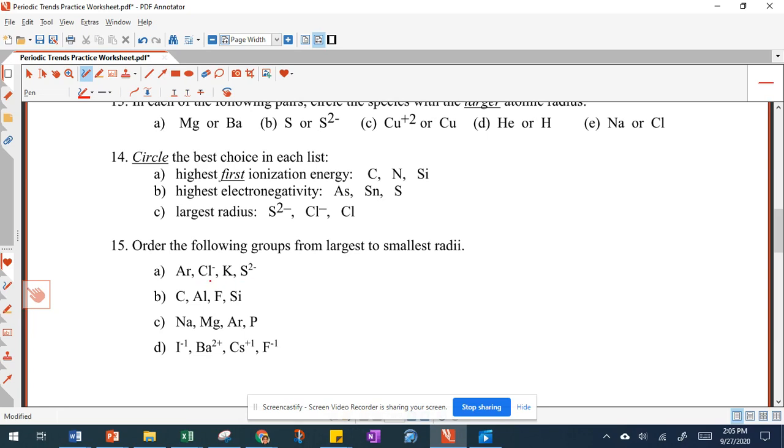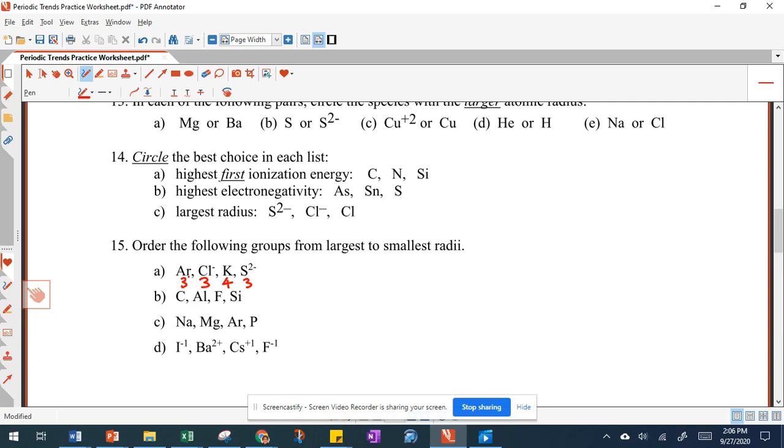Argon has 3 energy levels. The chlorine ion also has 3 energy levels. Potassium has 4 energy levels. And the sulfur ion is going to have 3 energy levels.